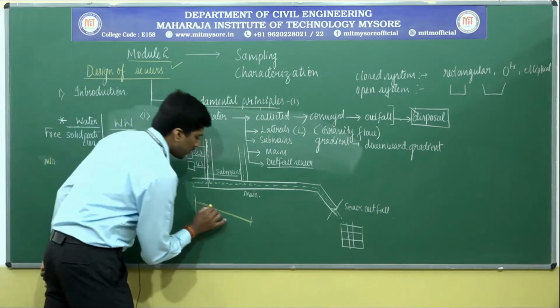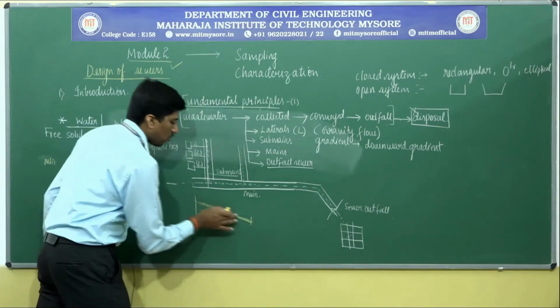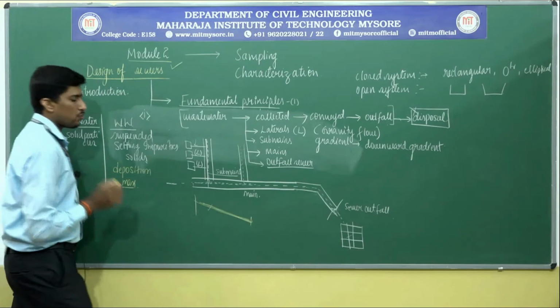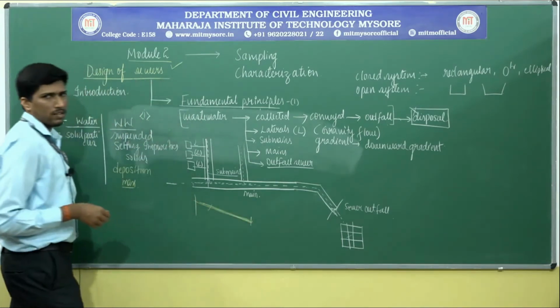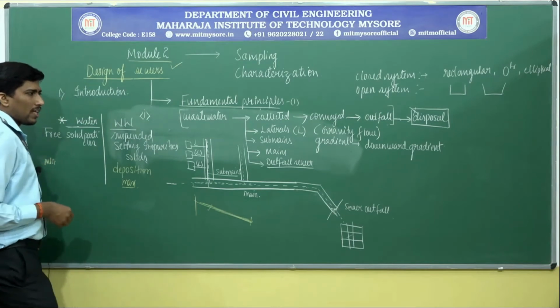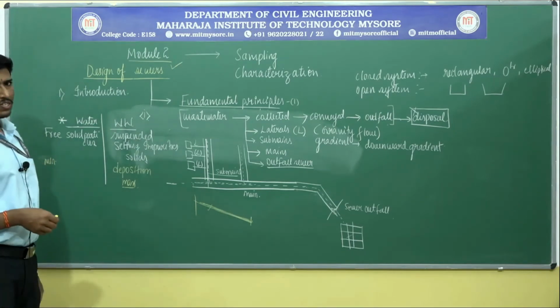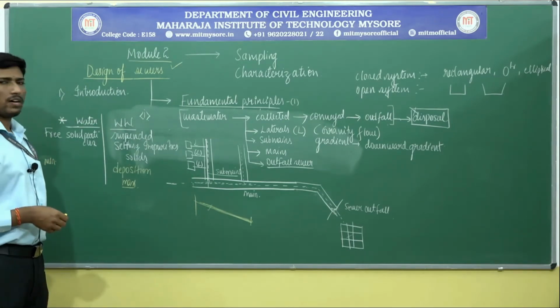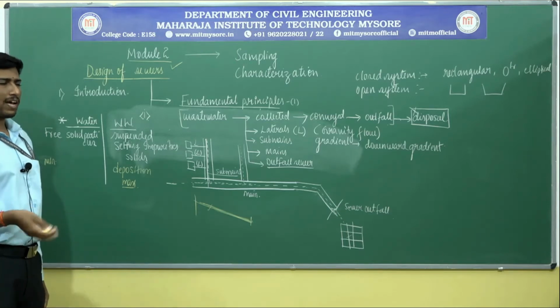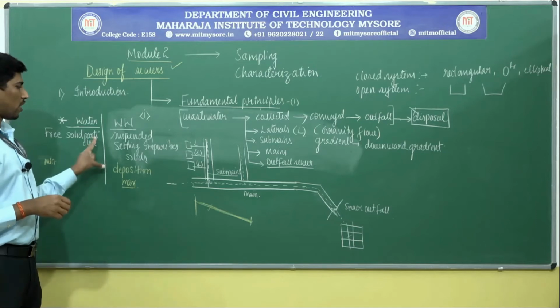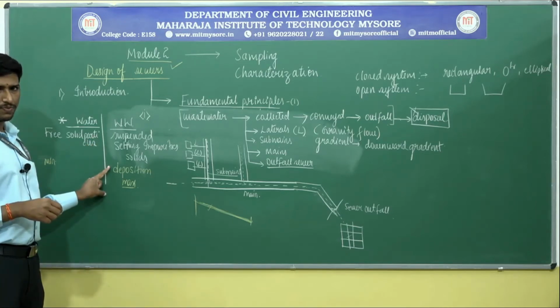It should provide the free flow condition so that all these materials are carried from one point to another point. That kind of velocity we call a self-cleansing velocity. We'll come back to that. So, understand the basic things.